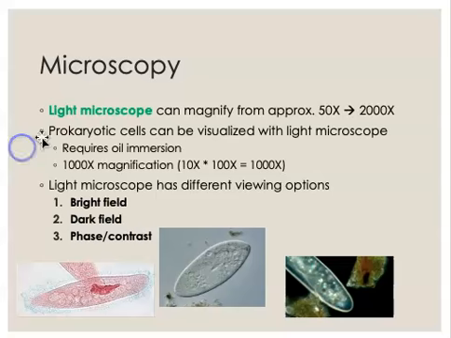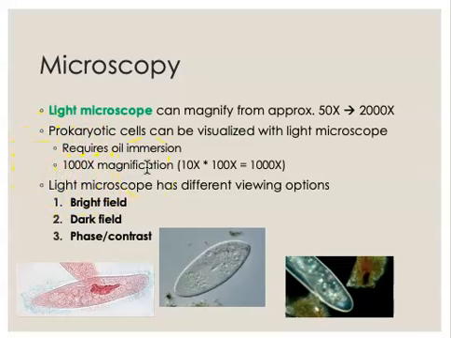It's just that the prokaryotic cells are smaller than the eukaryotic cells, so we see them in less detail. In order to see a prokaryotic cell in the greatest amount of detail, we have to use the highest level of magnification that we have available on a light microscope. That is, on most microscopes, about 1000x.